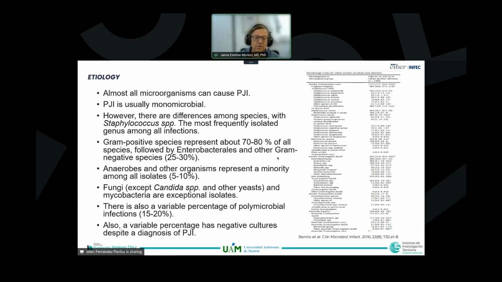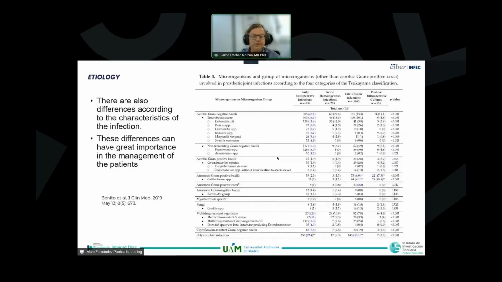We also expect a variable percentage of polymicrobial infections, which is between 15-20% in most series, and we even have a variable percentage of negative cultures, despite all the efforts to perform the diagnosis of prosthetic joint infection. There are also differences according to the characteristics of infection, and these differences are very important in order to establish the management of the patient, especially the empirical treatment.